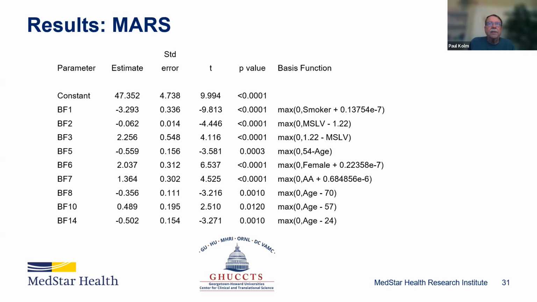And it's the same thing: if it's less than that for basis function 2, then it's going to be 0, so that's going to drop out. And then for age, you see that you get several different cutoffs here: 54, 70, 57, and 24 for basis functions. So what does this look like if you look at it in terms of piecewise functions?